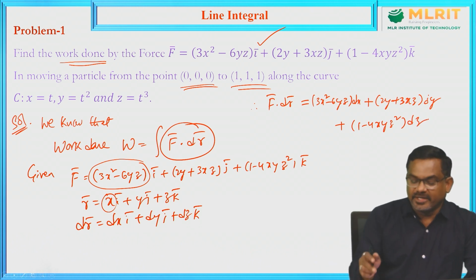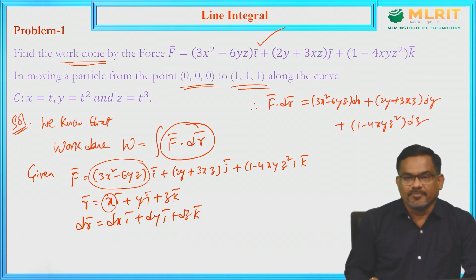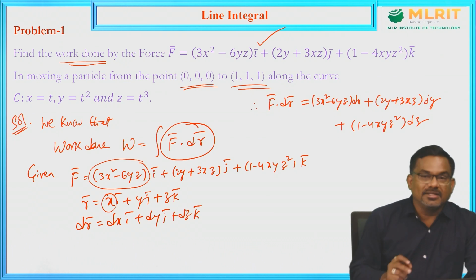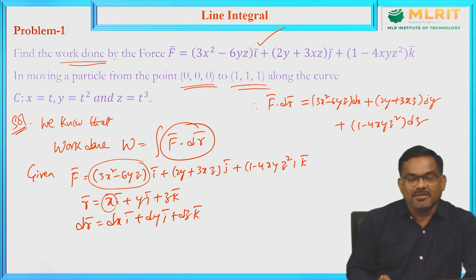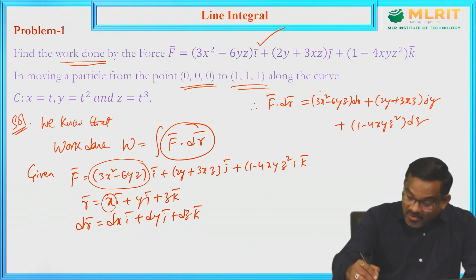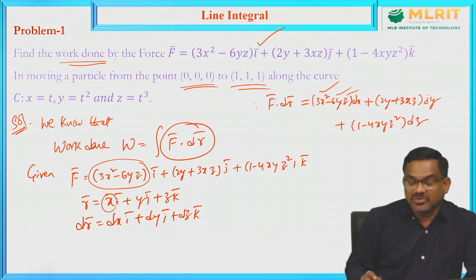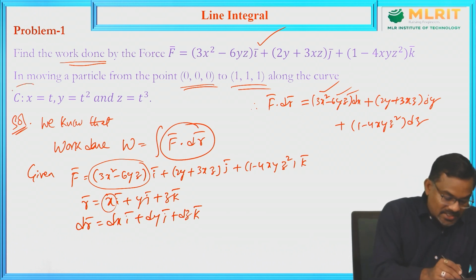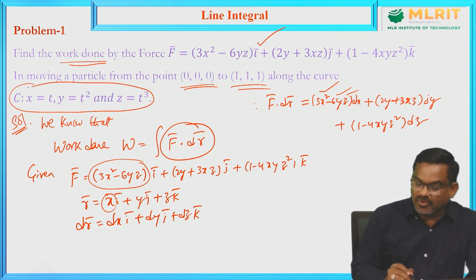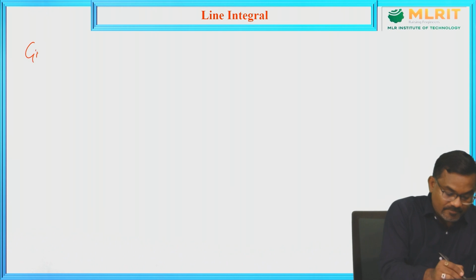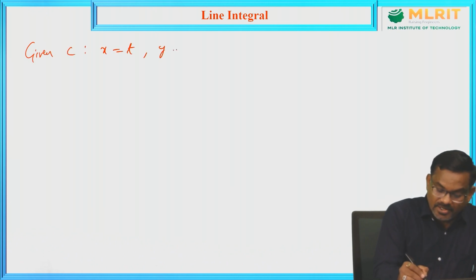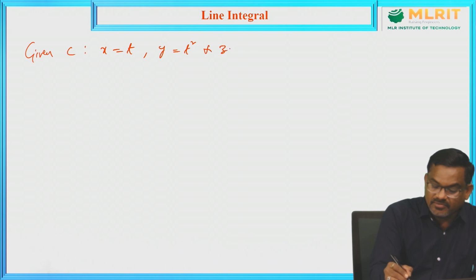So, we need to integrate this F bar dot dr bar, but here we are evaluating the line integral, which means a single integral, while here we have x, y, z, dx, dy, dz. So, three variables are there. How can we integrate with respect to one variable? For that, we use the given curve C. Given C is x equal to t, y equal to t square and z equal to t cube.